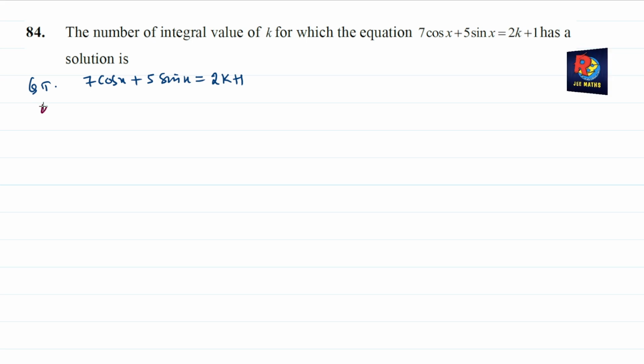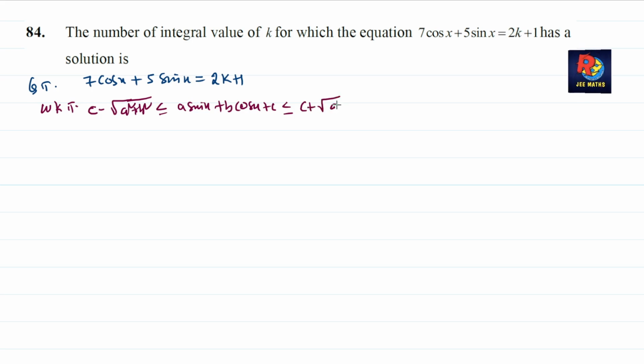7 cos x plus 5 sin x equals 2k plus 1 is given. But we know the range of a sin x plus b cos x plus c: the least and maximum values are known. a sin x plus b cos x plus c is less than or equal to c plus root over a square plus b square.